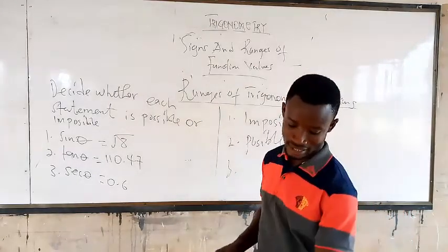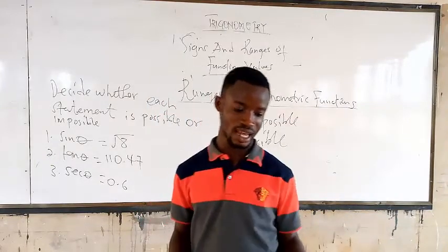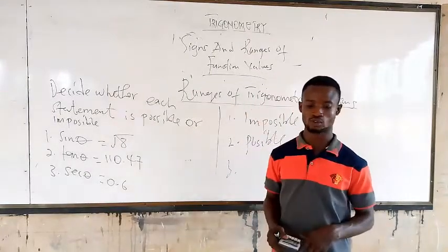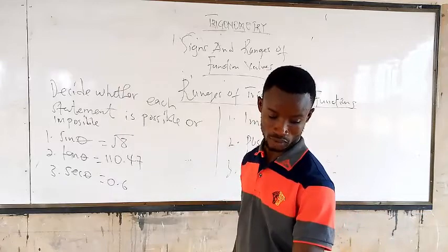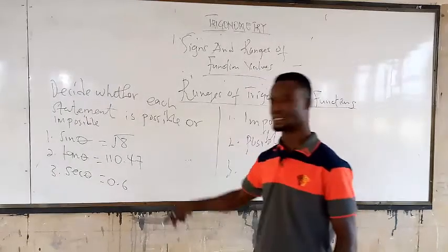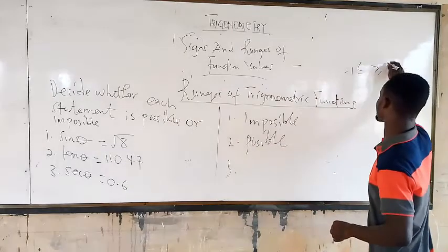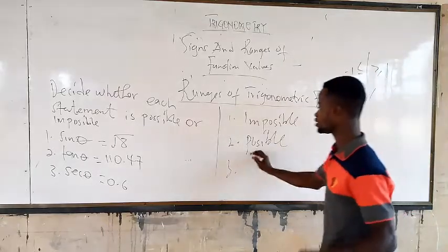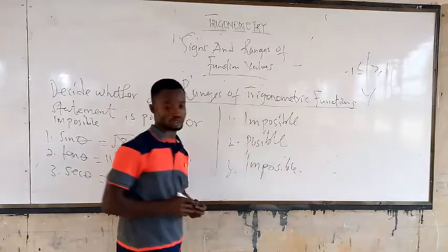But we are saying that sec theta is either less than or equal to -1 or greater than or equal to 1. Looking at 0.6, it is between these. So this is impossible. Alright?